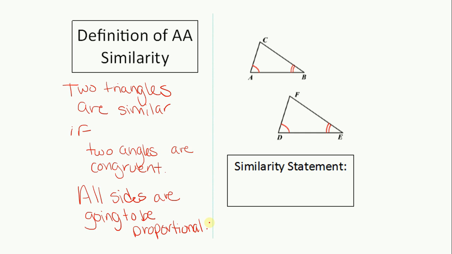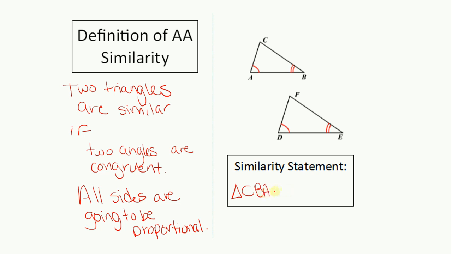So if I look here on the right, notice how angle A and angle D are congruent, and angle B and angle E are congruent. Thus, I can say these two triangles are similar to one another. So we're going to write our similarity statement, kind of like when you wrote your congruence statements of triangles. It's going to look exactly the same, but with a different sign in the middle. I'm going to say triangle CBA.